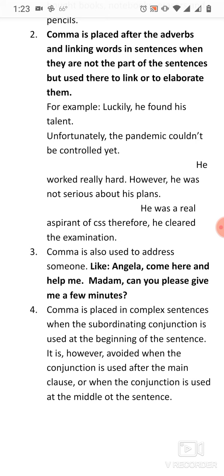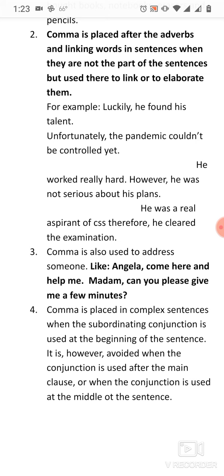If it is placed at the beginning of a complex sentence, we have to put a comma after the end of this subordinating clause, or the dependent clause, just before the start of the independent clause. Because it rained heavily, we cancelled the picnic.